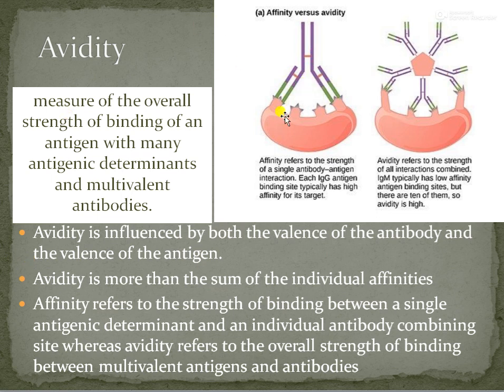As you can see here, this is affinity, where each epitope is binding with the paratope of the antibody. But avidity includes the overall strength of binding of an antigen with many antigenic determinants and multivalent antibodies.